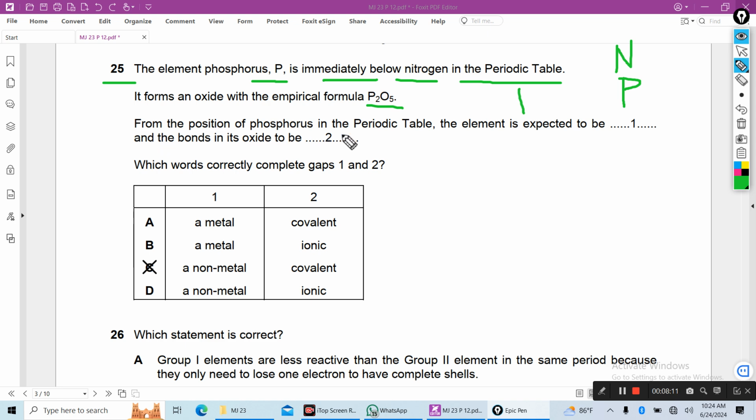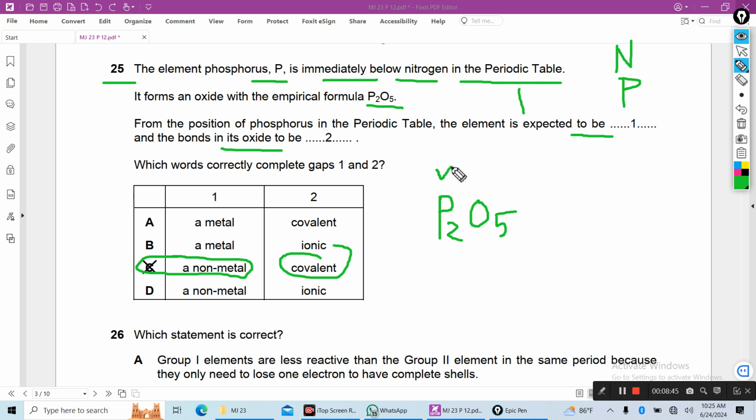From the position of phosphorus in the periodic table, the element is expected to be a non-metal, because in the periodic table groups 1, 2, 3 are metals, and 4, 5, 6, 7 are non-metals. So it is a non-metal and its oxide will be covalent, because phosphorus pentoxide or phosphorus(V) oxide: phosphorus group 5 non-metal, oxygen group 6 non-metal.